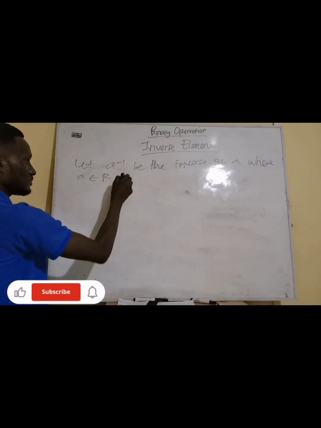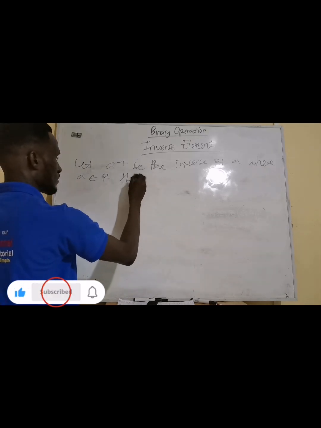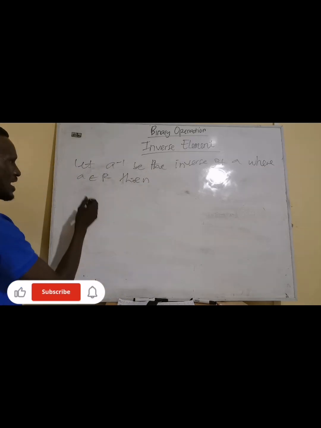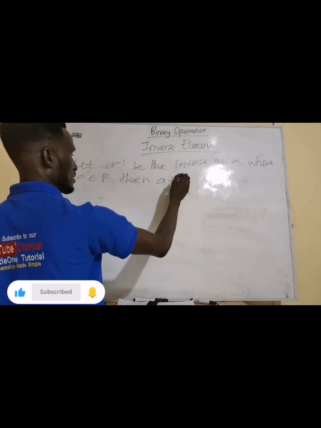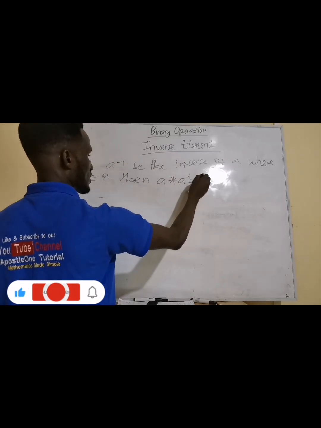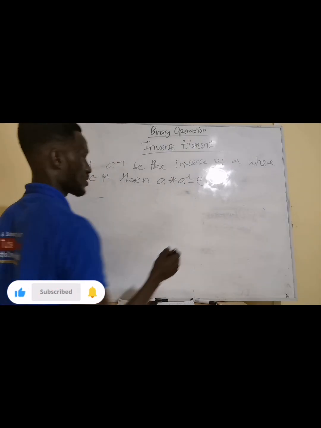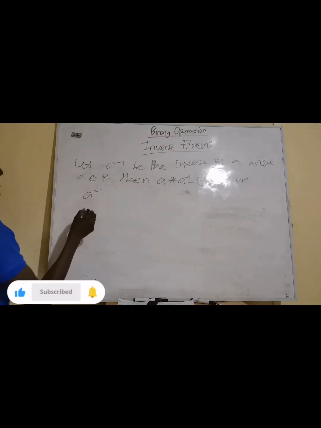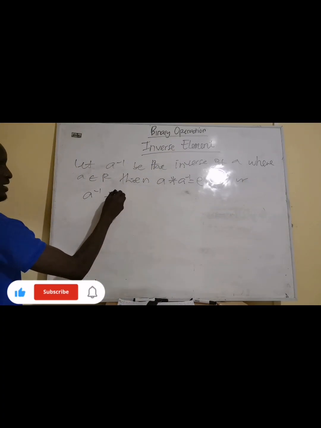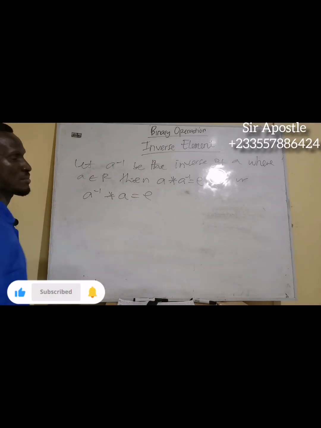Then anytime we have A operating on its inverse, it is supposed to give us the identity element, or the inverse operating on A is supposed to give us the identity element.